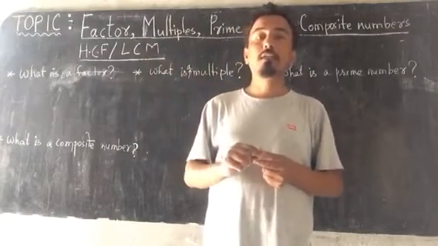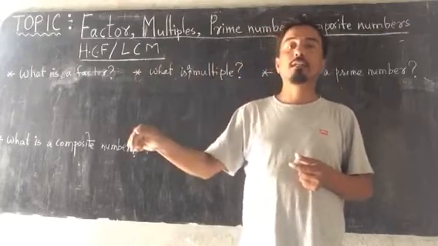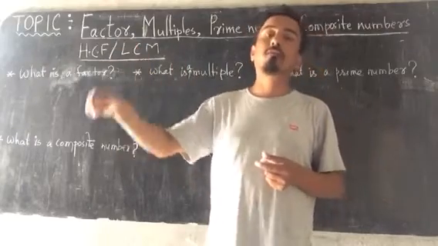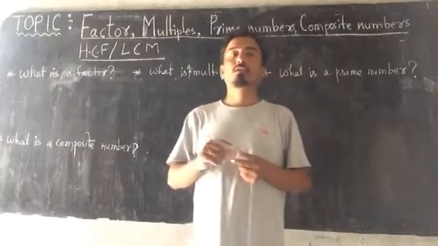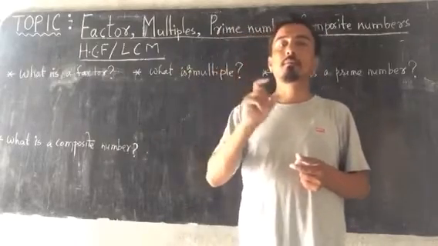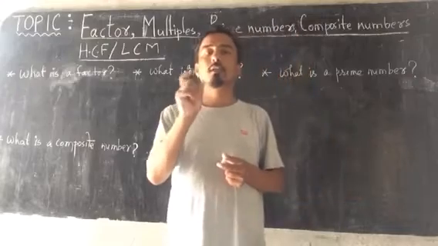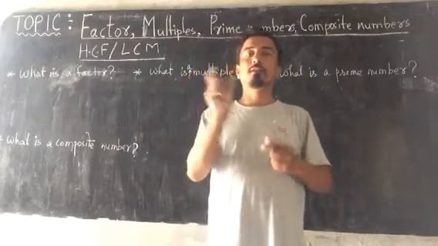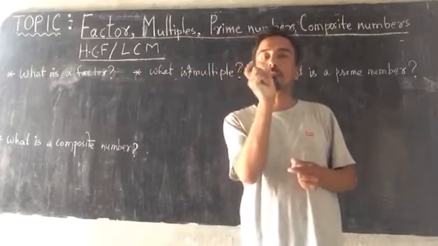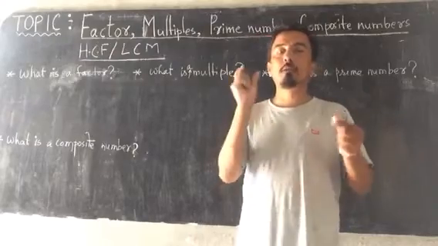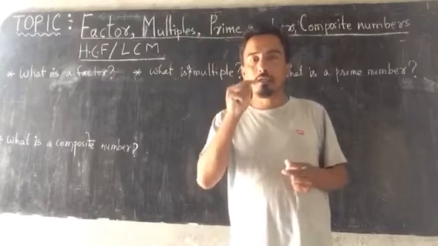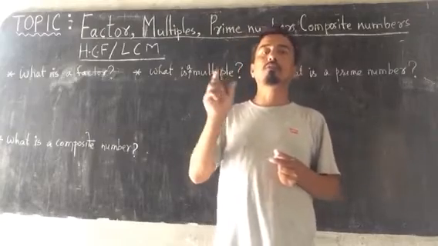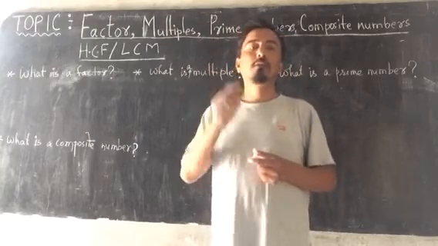So factor and multiple are different terms, but the meaning seems a bit similar. You may be confused and have a problem recognizing which is a factor and which is a multiple.